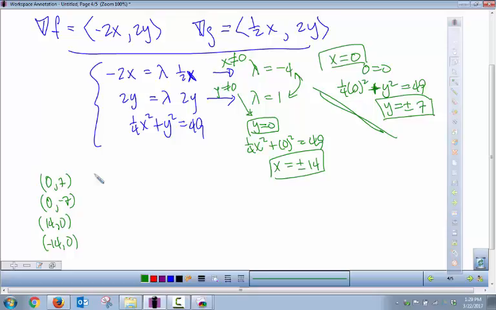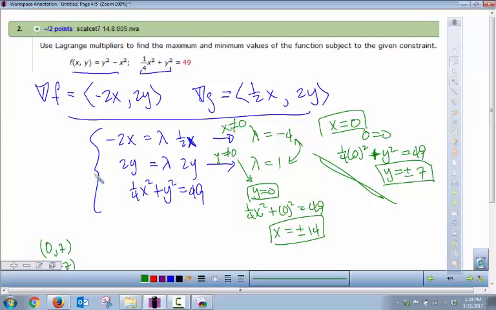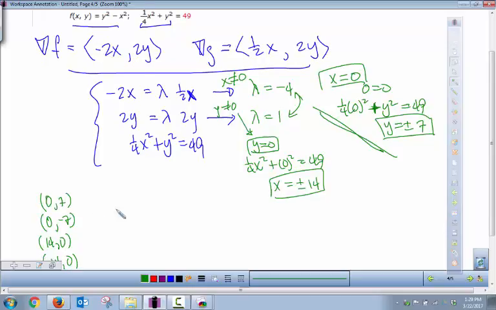All right. So what we're interested in, remember, is to maximize and minimize the function. So if I take these numbers and put them into my f function over here, 0 in for x and 7 in for y will give me 49 plus 0. And then if I put negative 7 in for y, it's also going to be 49.